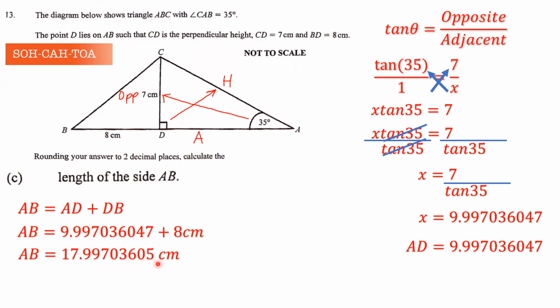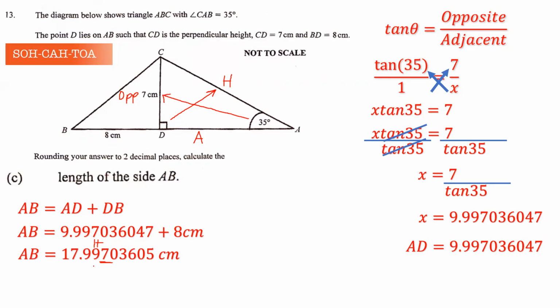When we add them together, we get 17.99703605. But we wanted 2 decimal places, and this is interesting, because notice carefully that we have a 7, so we have to add 1 to the number before it.